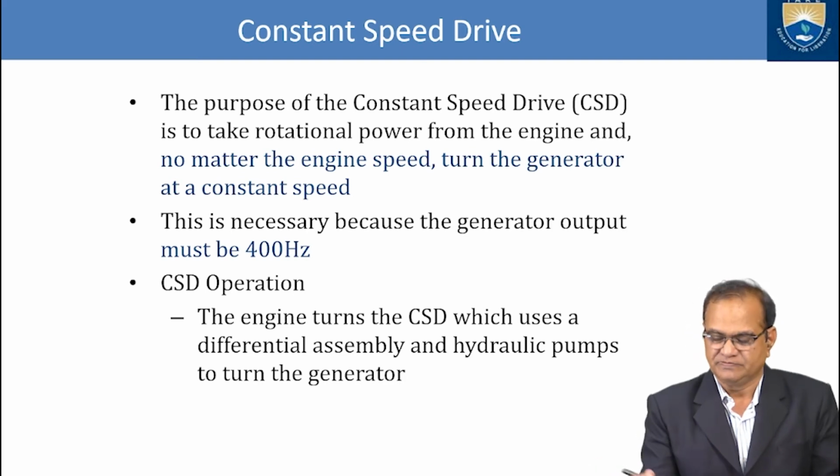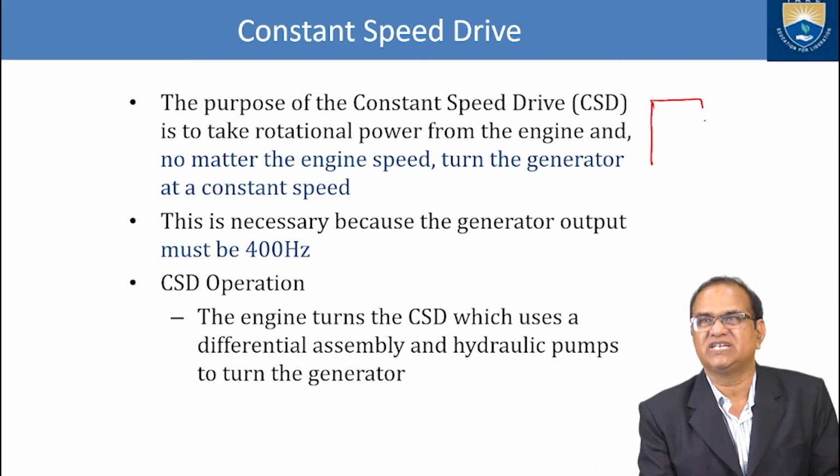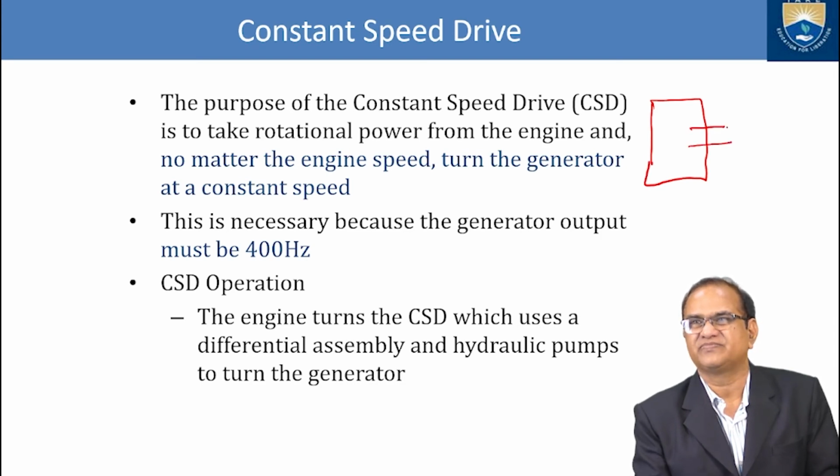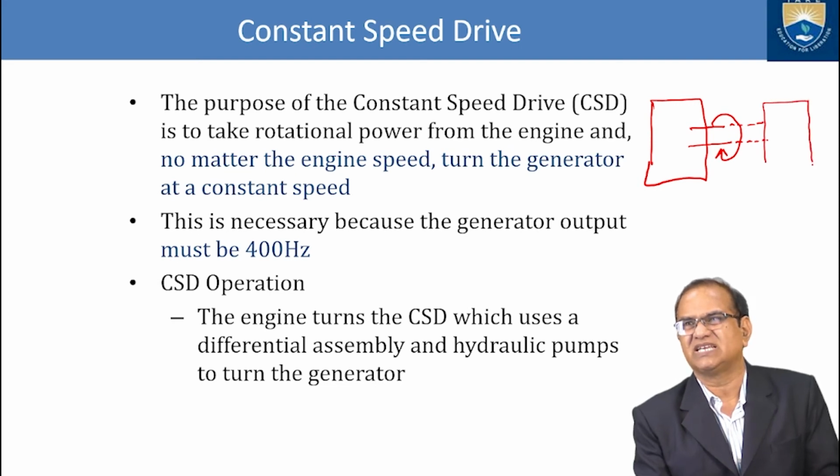So what is this? If this is the engine, there is a shaft. This shaft is rotating, but this shaft may not always rotate at a constant speed. So we have to put a device, it is called the CSD.